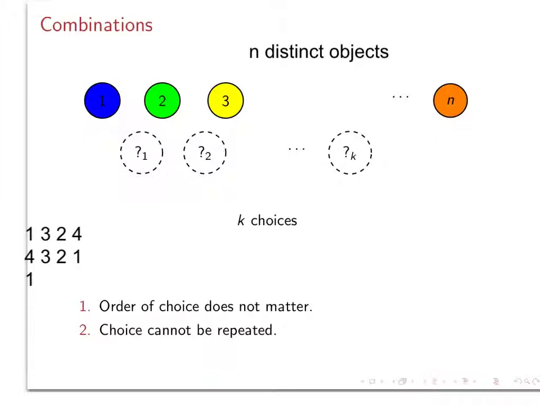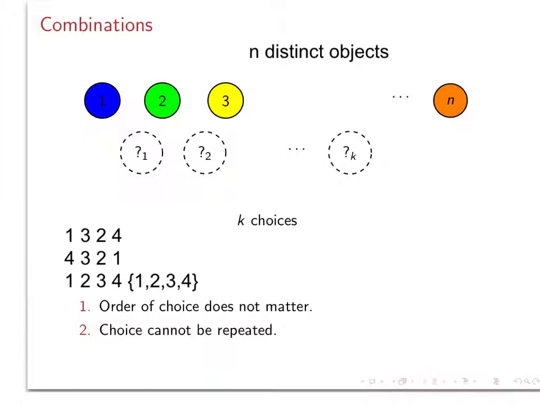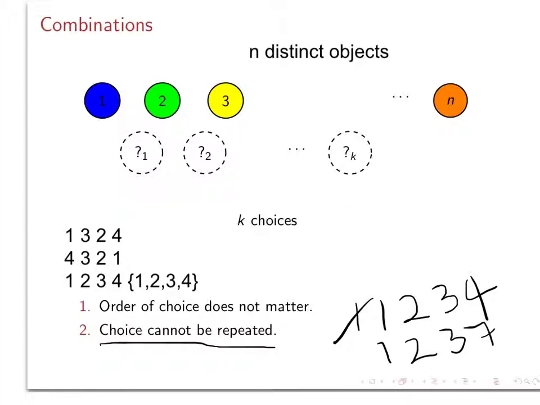It's the same choice as 1, 2, 3, 4, and in fact it's better to write a combination as a set {1, 2, 3, 4}, because in a set the order of the elements does not matter. One more thing to note is that choice cannot be repeated. So it makes no sense to say 1, 1, 2, 3 as a choice, because 1 cannot be repeated. If you want to choose 4, it has to be 1, 2, 3, 4 or 1, 2, 3, 7. You cannot repeat an element in your choice.